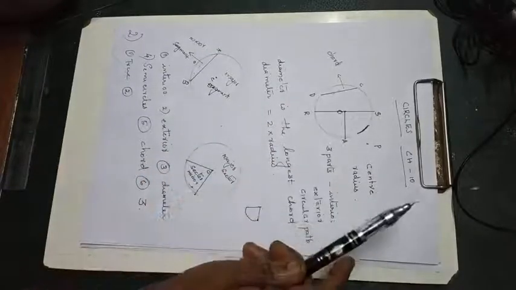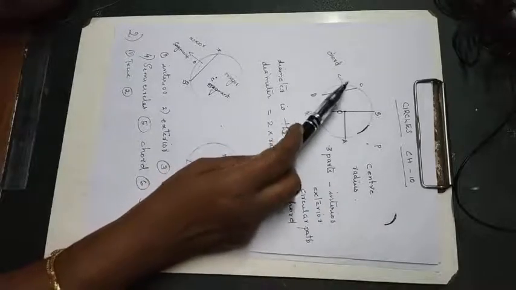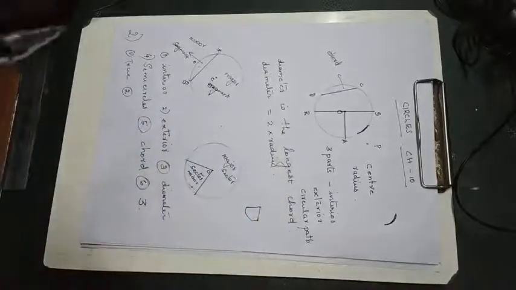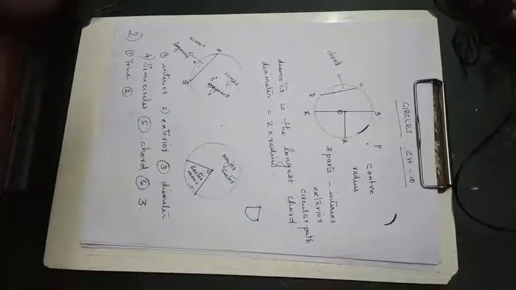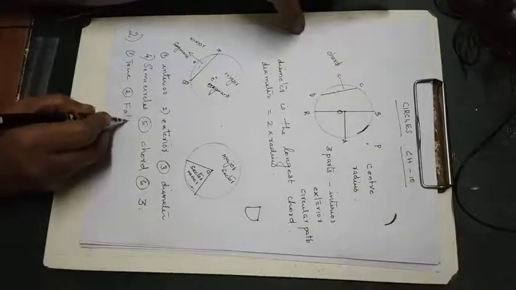Equal to this chord means the length should be equal. So it is false. It is given that a circle has only a finite number of equal chords, but it has an infinite number of equal chords. So it is false.